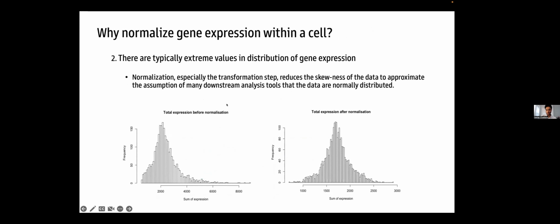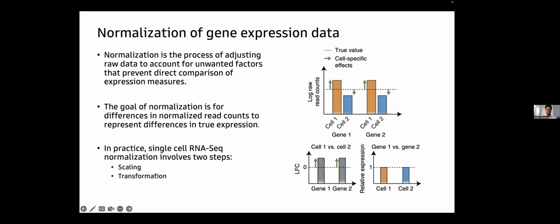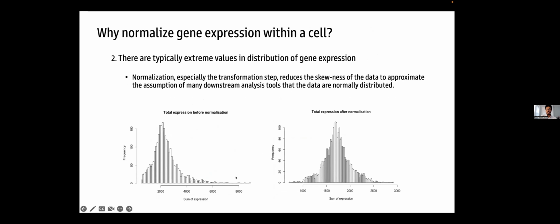Another reason for normalizing is specifically the transformation step will give us a distribution of counts that is more in line with the assumptions of many downstream tools. So usually our DE, differential expression analysis tools, and other downstream analysis tools expect the reads to come from something that looks like a normal distribution.